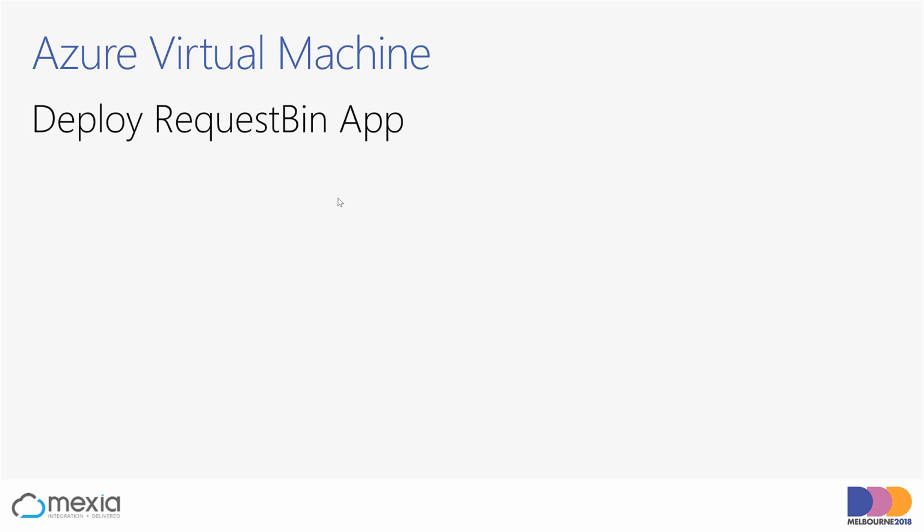So at this stage, now we can use RequestBin application on the virtual machine. To me, this is too much work, right? So unless it is really necessary, I wouldn't be using this approach.